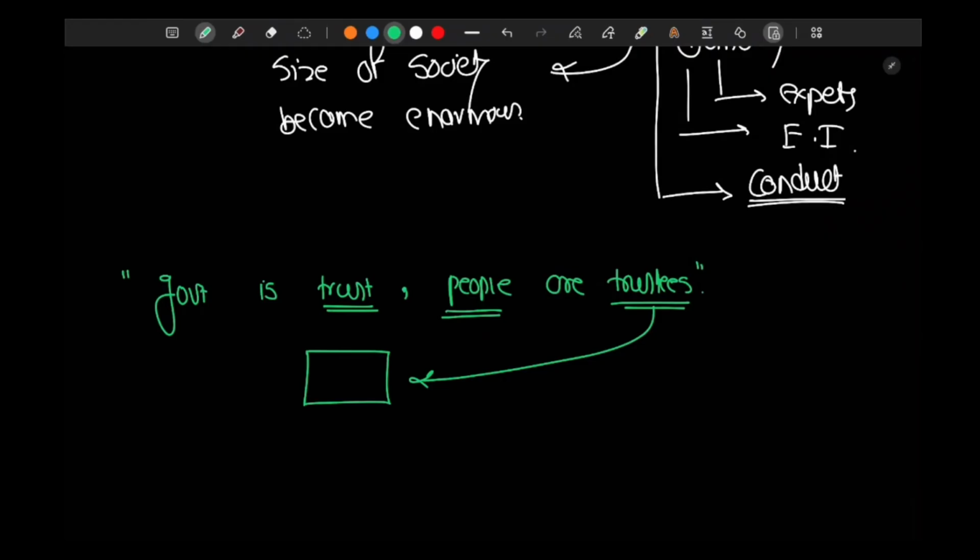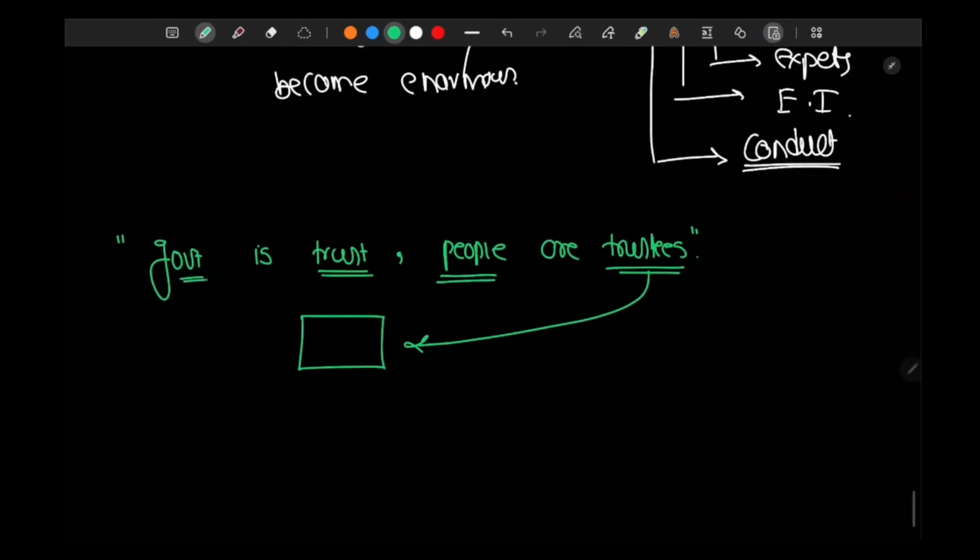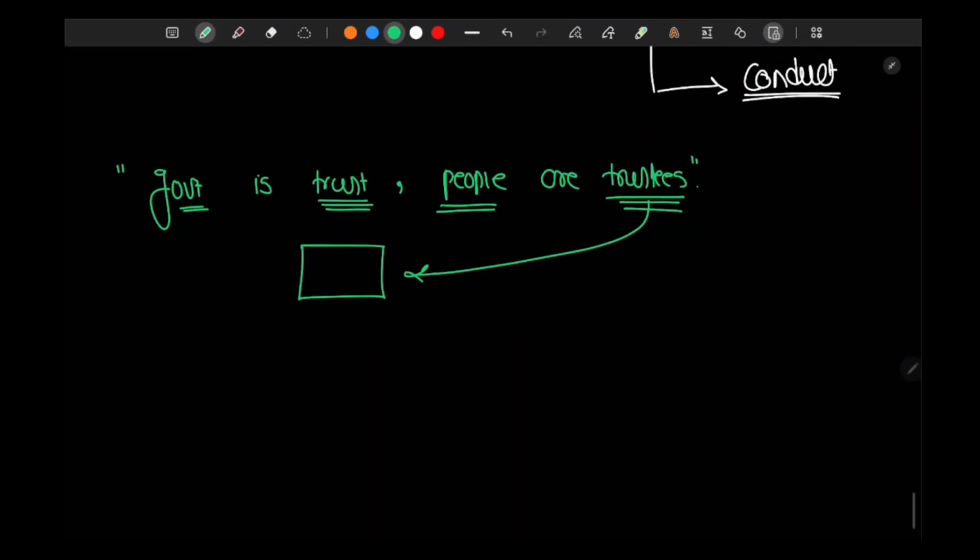To connect this idea to the models of representative democracy, I will again start with Locke himself, whereby Locke has observed that government is trust and people are trustees.